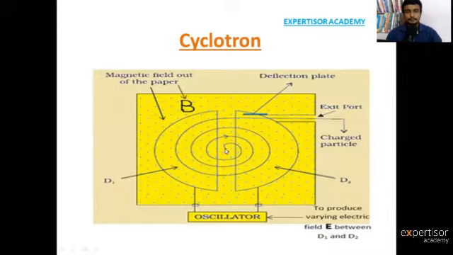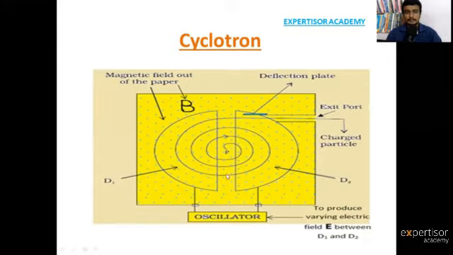Consider a positive charged particle at P. This point P is in between the two D's, D1 and D2. At this moment, this positive charged particle is rotating like this by using this oscillator.